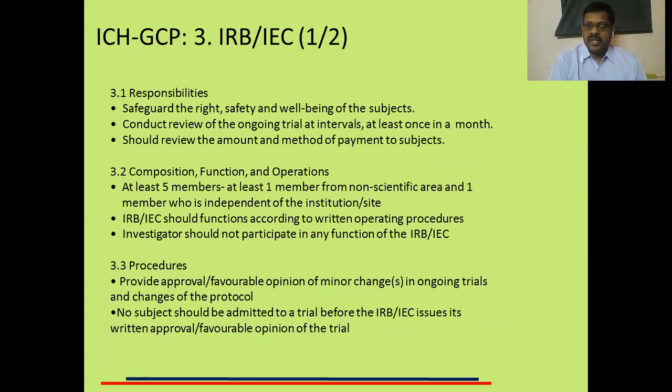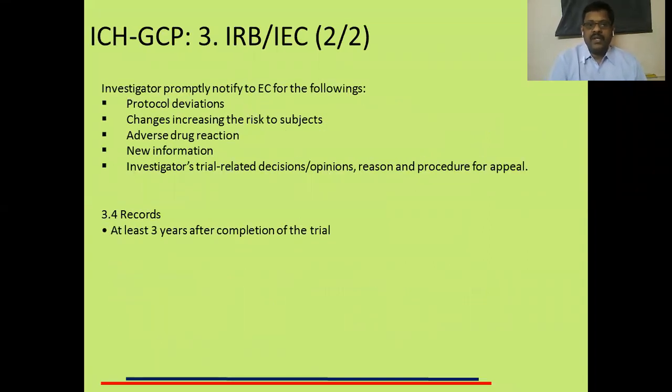Because they are the monitoring committee, they are functioning at the site of the clinical trial itself. So they will continuously monitor. Once we get approval only, we have to proceed at every stage. Not only in the beginning, stage by stage, we have to take approval from them and then proceed. And following the same guidelines, the investigator should promptly notify the ethics committee of the following.